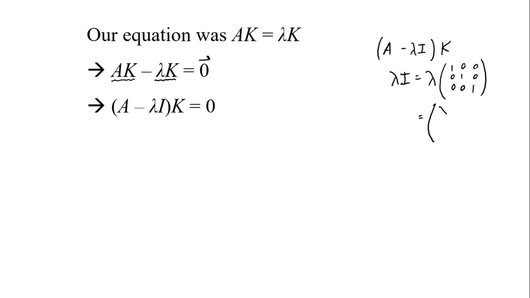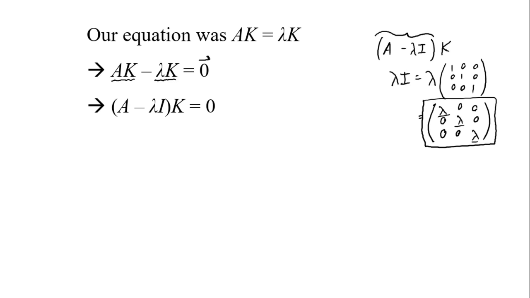The main diagonal entries all become lambdas, and everything else stays zeros. Because we're going to be using this A minus lambda I, notice if I took any matrix A and subtracted this lambda I matrix, the main diagonal will have lambda subtracted from each of those entries, and all the other entries will have 0 subtracted, meaning they won't change. Something to keep in mind.